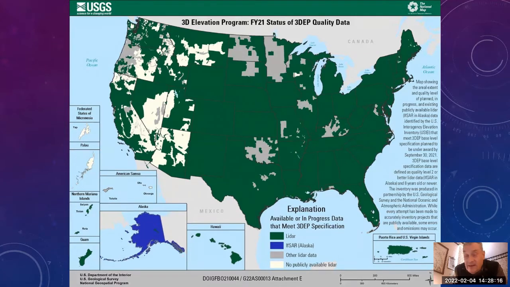And it's showing about 86% of the country either completed or in progress or under contract. And this aligns really well with USGS acquisition goals to get 100% of the country done by FY23. Of course, there's a caveat to that, and that's provided sufficient funding available to the program.